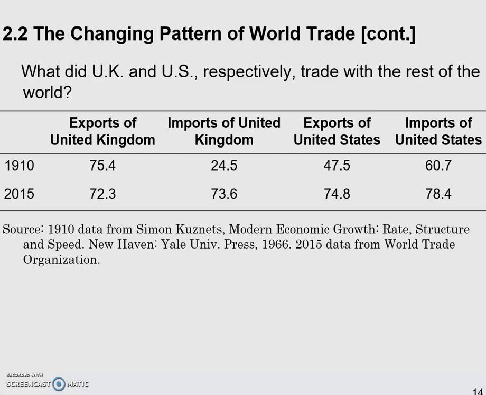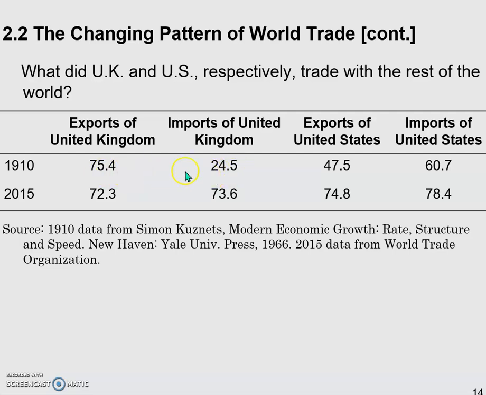these 2 years. Okay, so you find that for UK back in 1910, it exported a lot. As you could imagine, a lot of manufacturer or industrial products made in UK and exported to the rest of the world. Okay, but its imports of the manufacturers is quite small. Okay, 24.5% only.